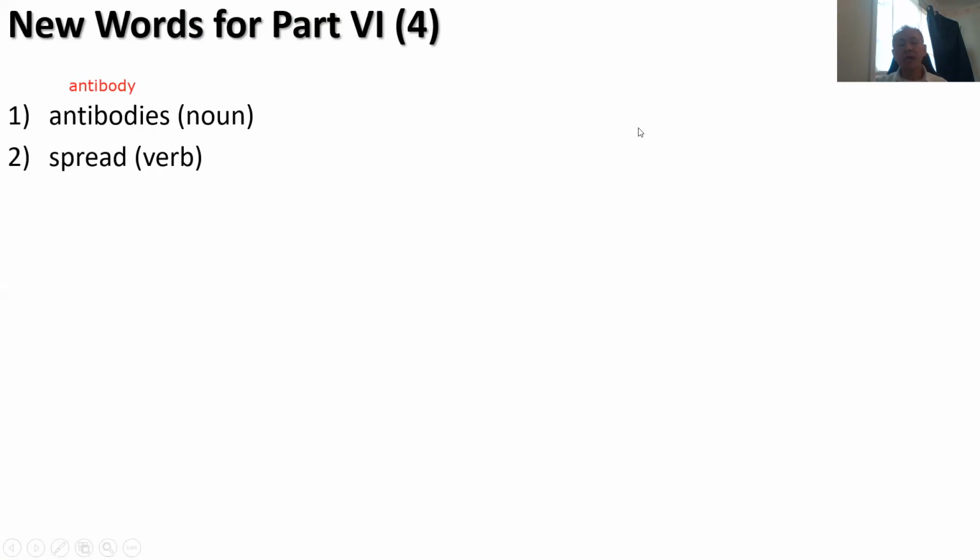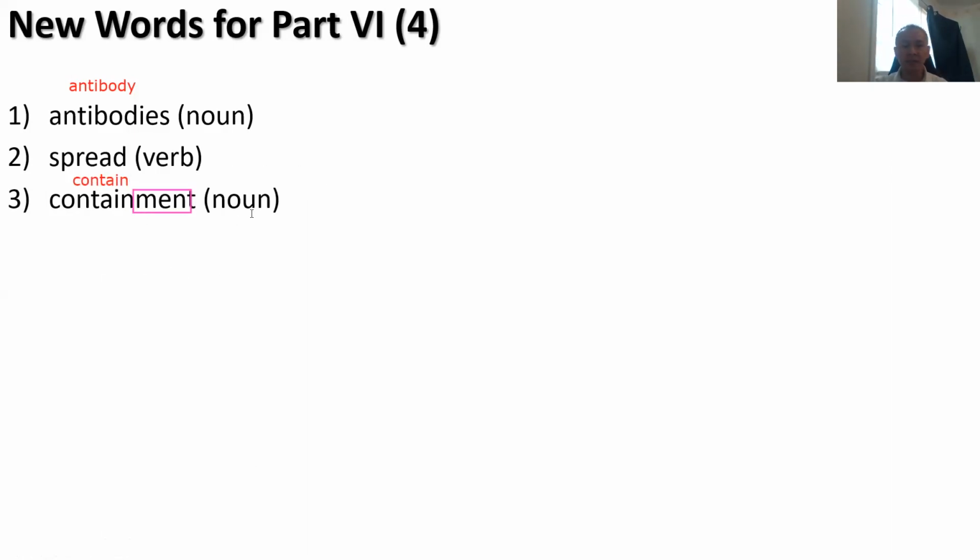Now, spread. Spread is a verb. Containment. Containment has a suffix, and the suffix in containment is ment. So contain is the root verb. Before it was contain, now it's containment.